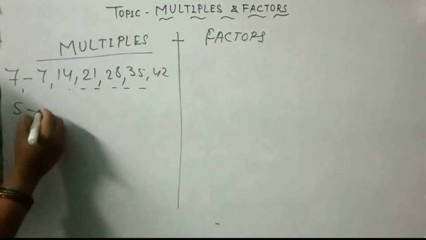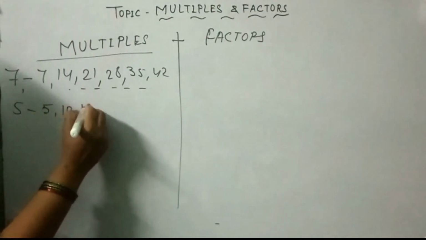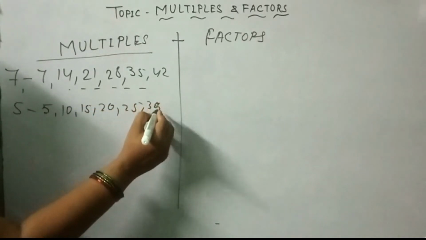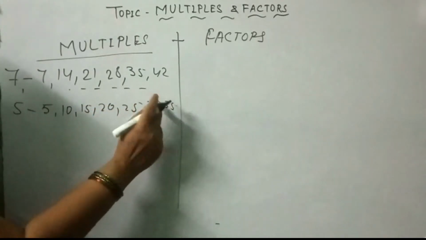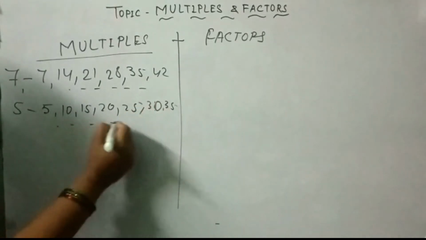Same way, what are the multiples of 5? 5, 10, 15, 20, 25, 30 and 35, and so on.